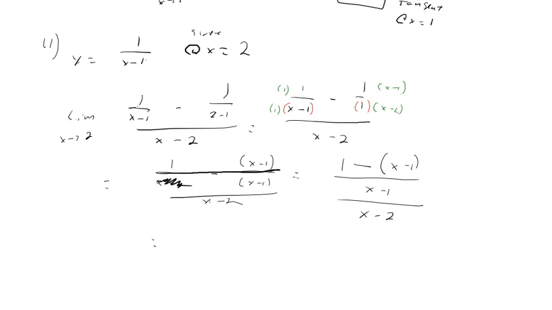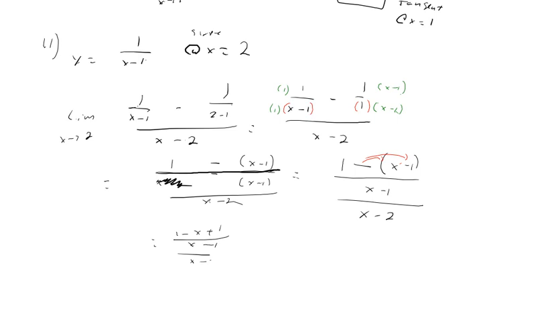And that's minus up there. It's a subtraction, so it's a subtraction on the top. Now I need to distribute the minus sign to both of these pieces, which is going to make it so that I have 1 minus x plus 1 over x minus 1 over x minus 2.